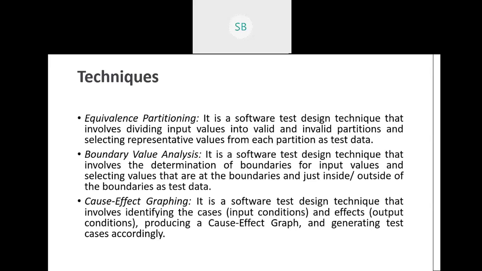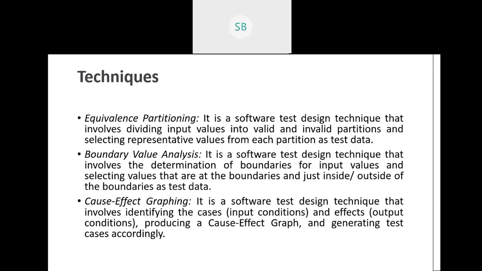And last is cause effect graphing. Basically, this software test design technique involves identifying the input condition, and if you give this input, what will be the outcome of it. Based on this, you can create a graph.